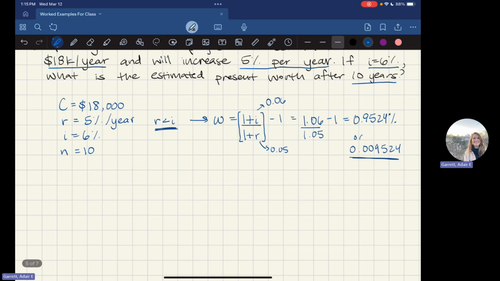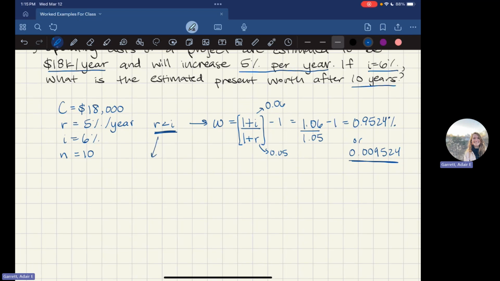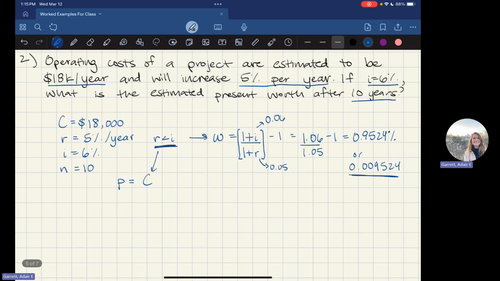So we also know when R is less than I, that P is equal to C, our initial value, 18K, times an expression that relates our omega to our present value. So 1 plus omega raised to the n minus 1 over omega times 1 plus omega raised to the n.